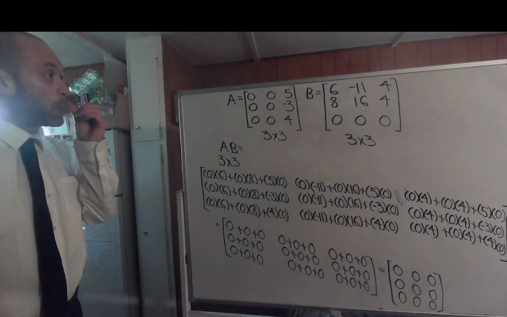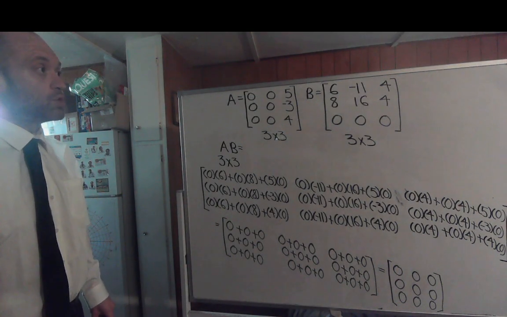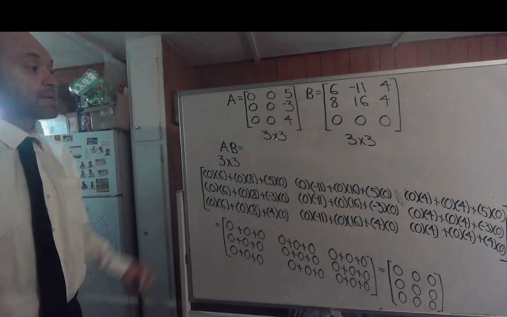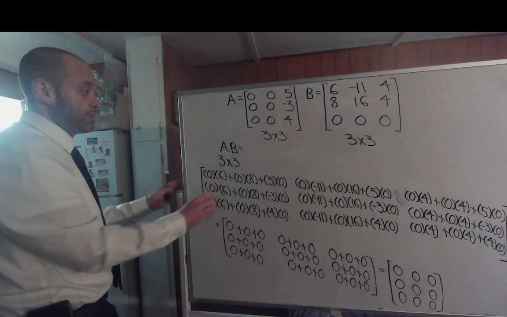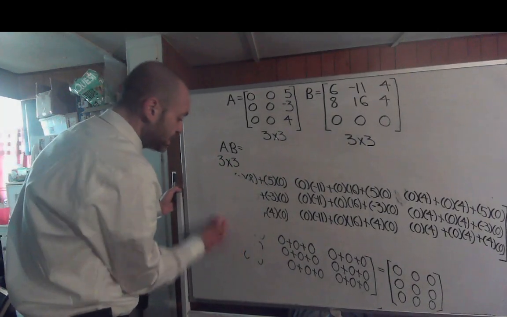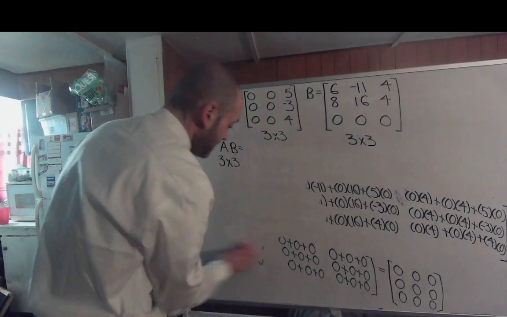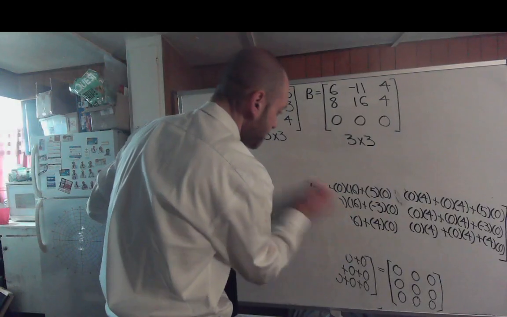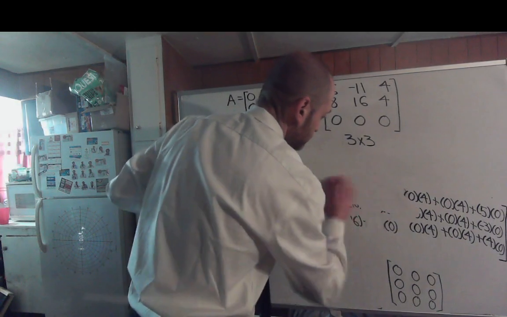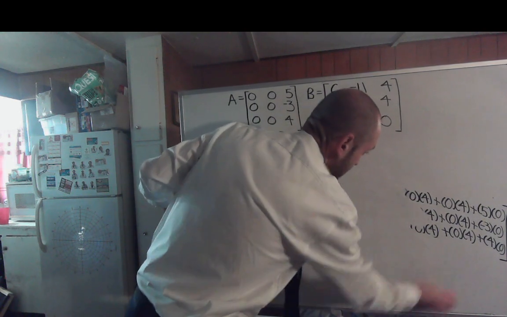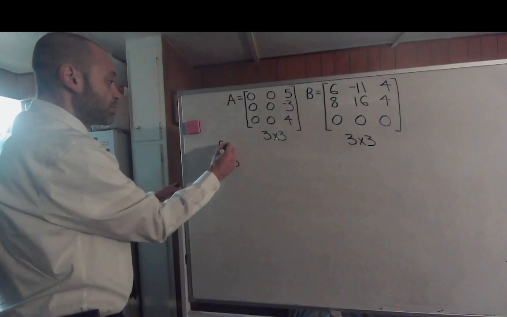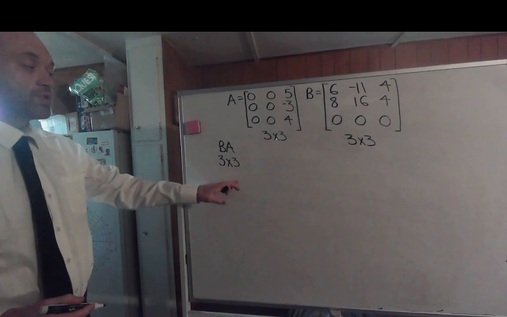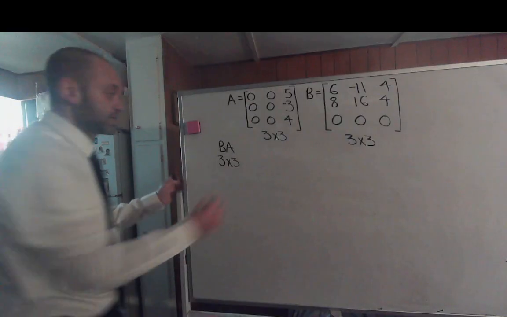And now a big question is, can we do matrix B times A? So matrix AB is just the zero matrix. Now, can we do matrix BA? We can, because they're both 3x3 matrices, meaning our matrix BA should be a 3x3 matrix.